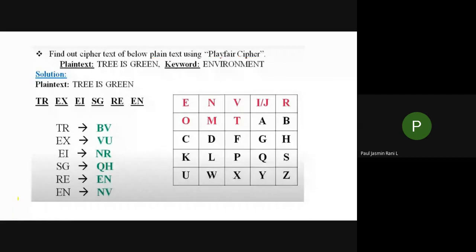You have to do this encryption method. Your keyword is environment. First step, you have to split your plain text like this. Next, you form a 5 cross 5 matrix like this using your keyword environment. Then try to find out the ciphertext.